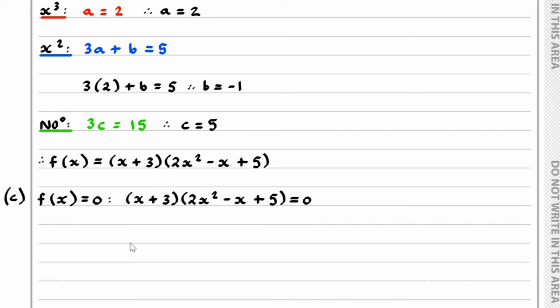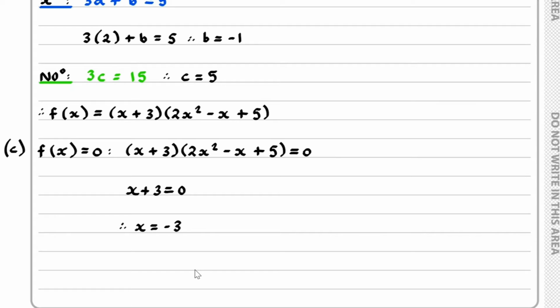Now, what we can see from here is if x plus 3 is equal to 0, that would imply that x is equal to negative 3. This is a solution. And now we need to check if 2x squared subtract x plus 5 equals 0 has any solutions.